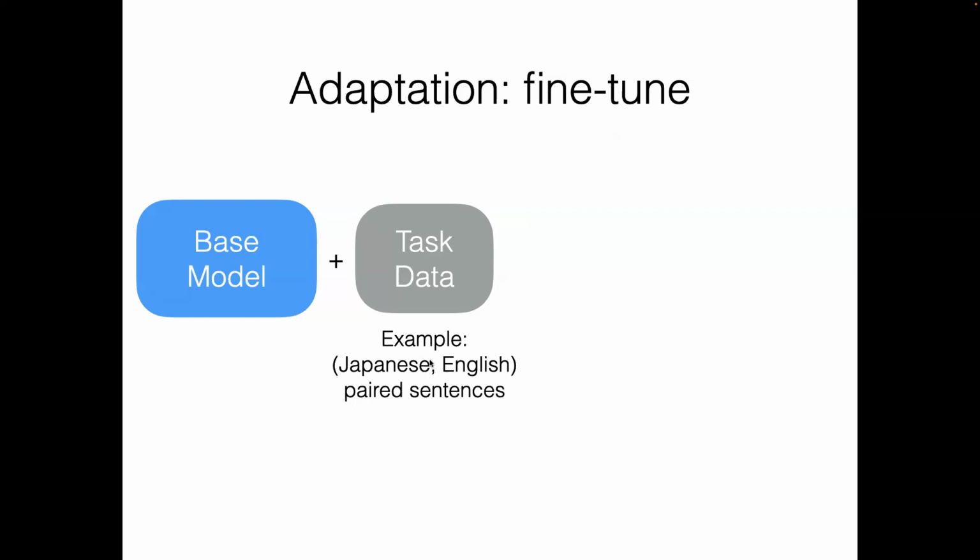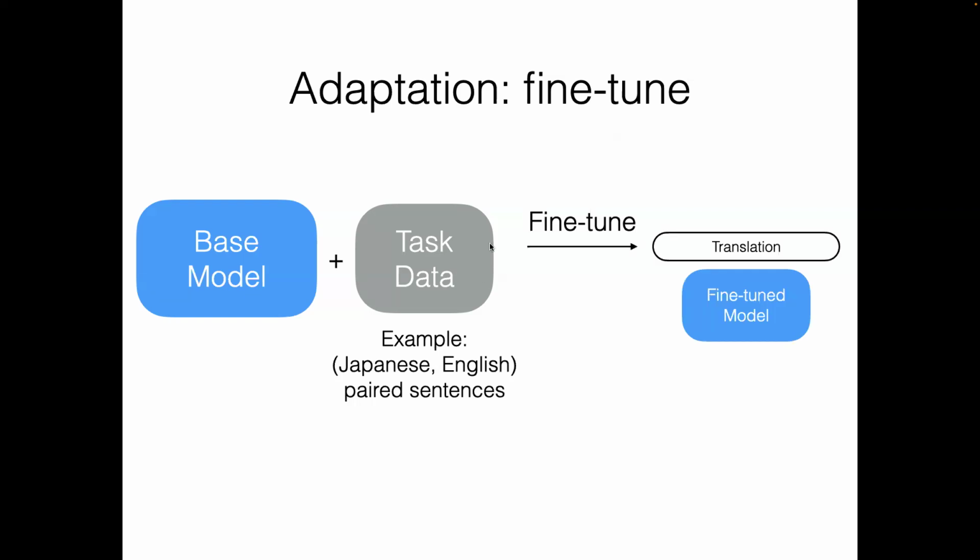Then what you would do is collect these input and output pairs, and then fine tune this base model for the task of translation. And then when you're fine tuning, you're actually adjusting the model's parameters. So you actually end up with a new model, this fine-tuned model over here.